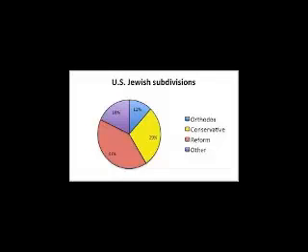And many Americans, not most, but many American Jews belong to the conservative sect. And then finally, the most popular sect, at least here in the States for Jews, is called the Reform sect. And this is the most liberal Jewish sect. In this case, Judaism is considered to be a dynamic, ever-changing, evolving religion rather than a static religion that was defined once and for all in the Hebrew Scriptures.